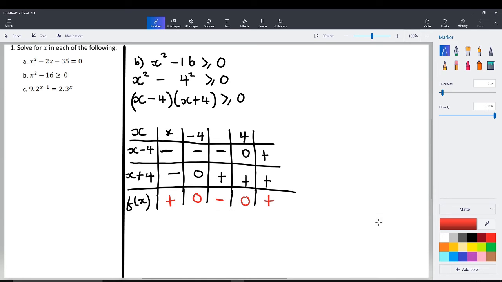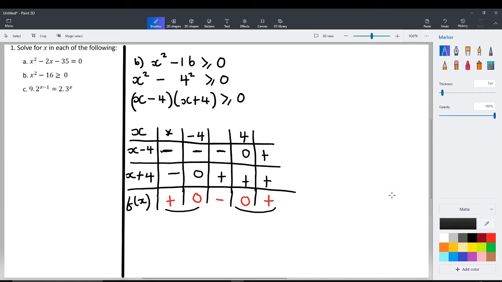The function says it's greater than or equal to 0. So I'm looking for values that will satisfy greater than or equal to 0. So it means I'm looking for the positives and the zeros only.